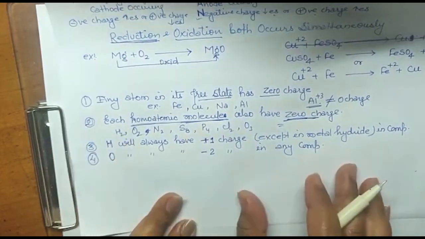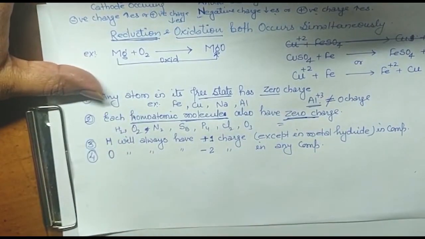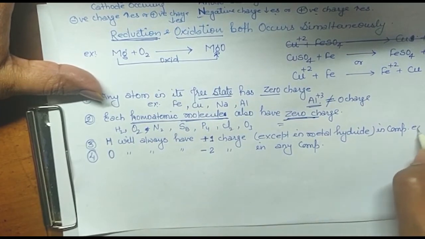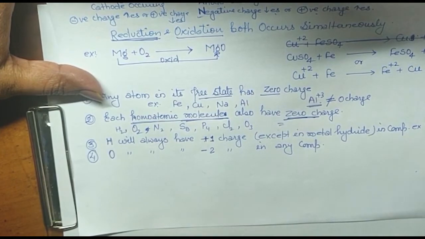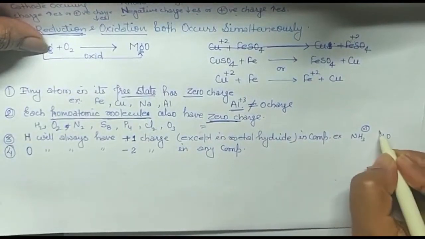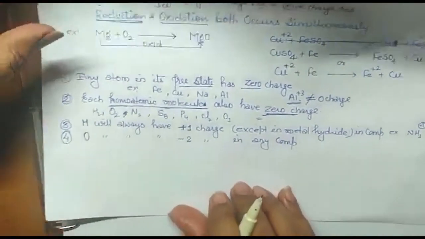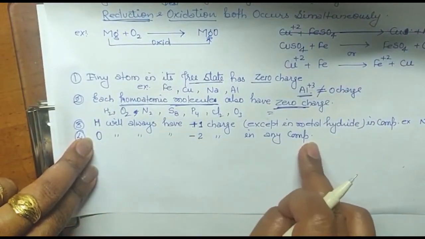Got it? But if hydrogen is in any compound, like NH3, here hydrogen is having plus one charge. Like H2O, this is a compound, so here hydrogen will be plus one. Clear? Oxygen will always have minus 2 charge in any compound.